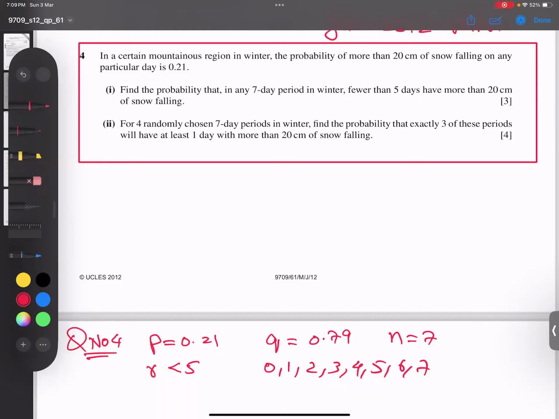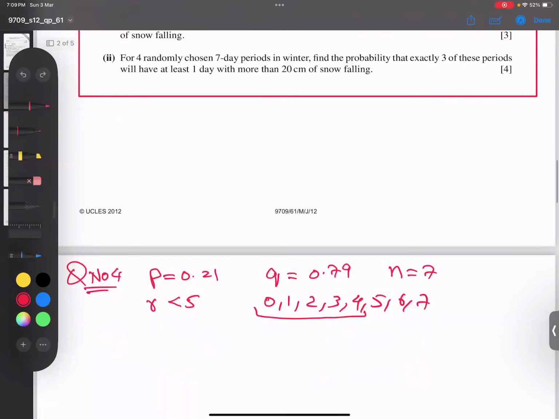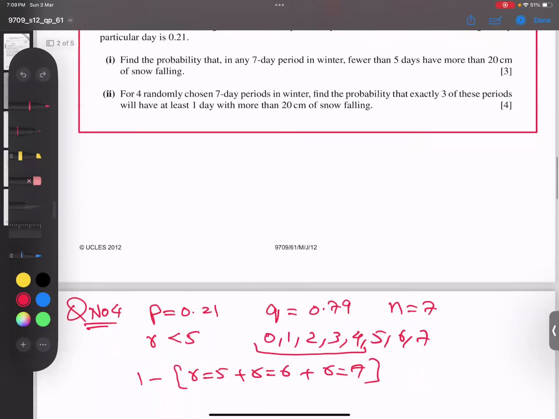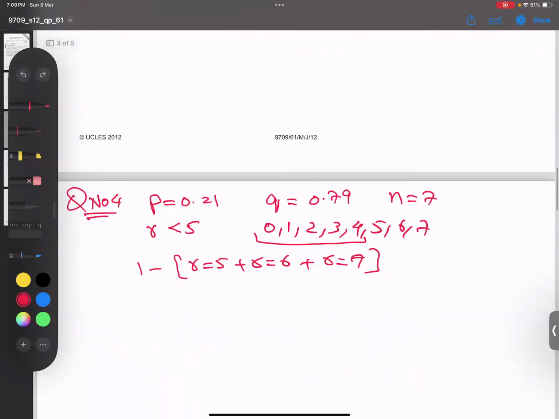It means he's saying 0, 1, 2, 3, 4. Why apply 5 formulas rather than 3 formulas? How to get this answer? 1 minus R value 5 plus R value 6 plus R value 7. So I will find these and subtract from 1. I get the answer, so the point is very clear.